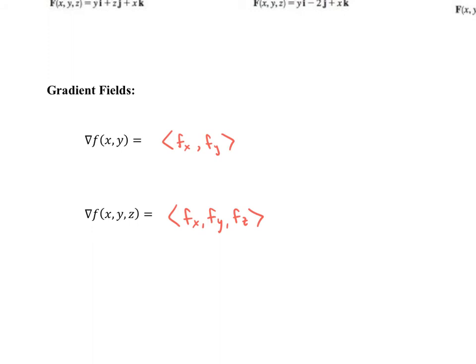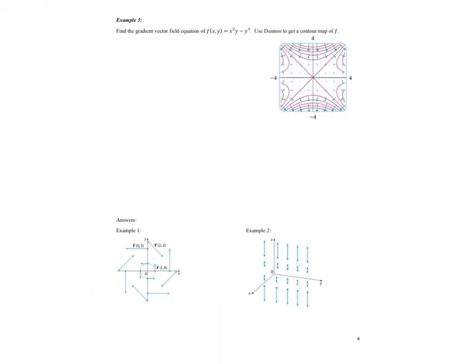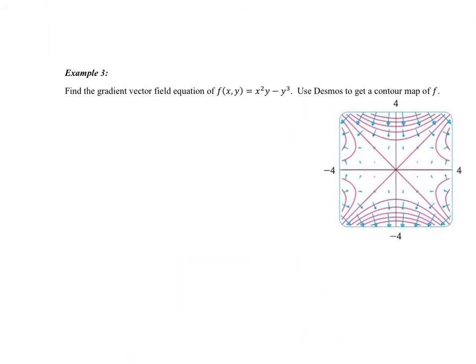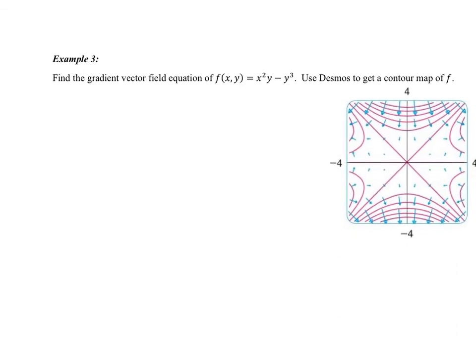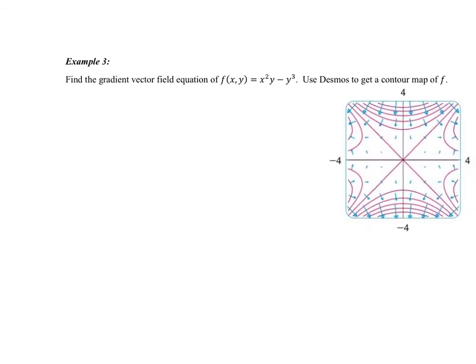Okay, let's go ahead and just finish up. We're going to go to example 3. So example 3, we're not going to use Desmos on here, but you can see this graph that's produced on the right side. This graph has contour plots of the function f of x, y, so it's just on a plane, and then it's plotting the gradient field with that.